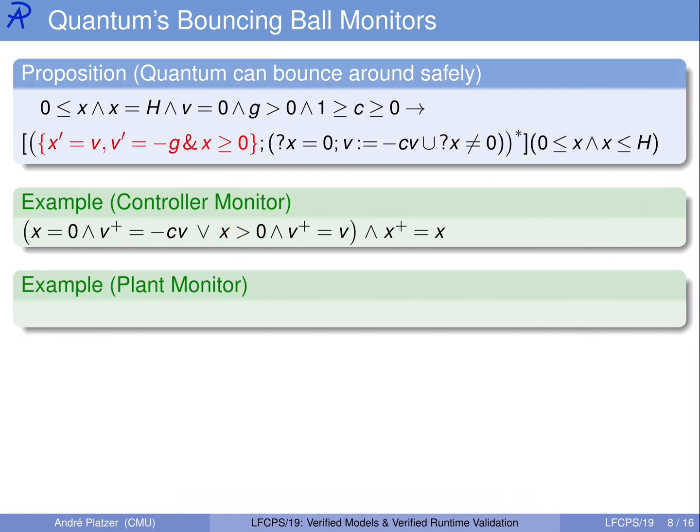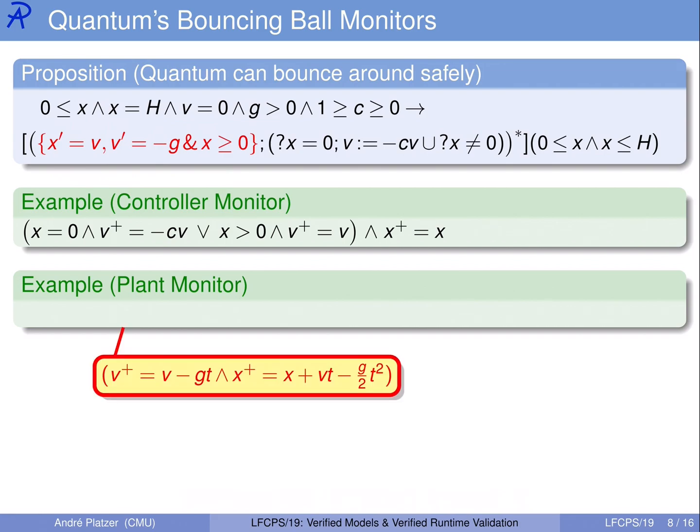Now, how do we monitor whether reality is compatible with the differential equation of gravity that the bouncing ball is flying through? Again, we'll need a formula that's talking about the relationship between old position and velocity and new position and velocity, but there's a lot more choices in there, namely how long the reality follows this differential equation.